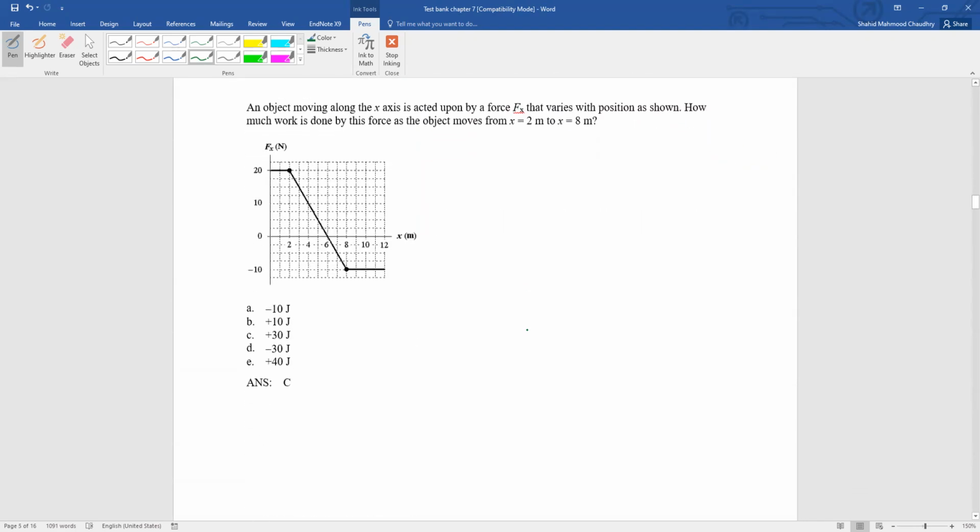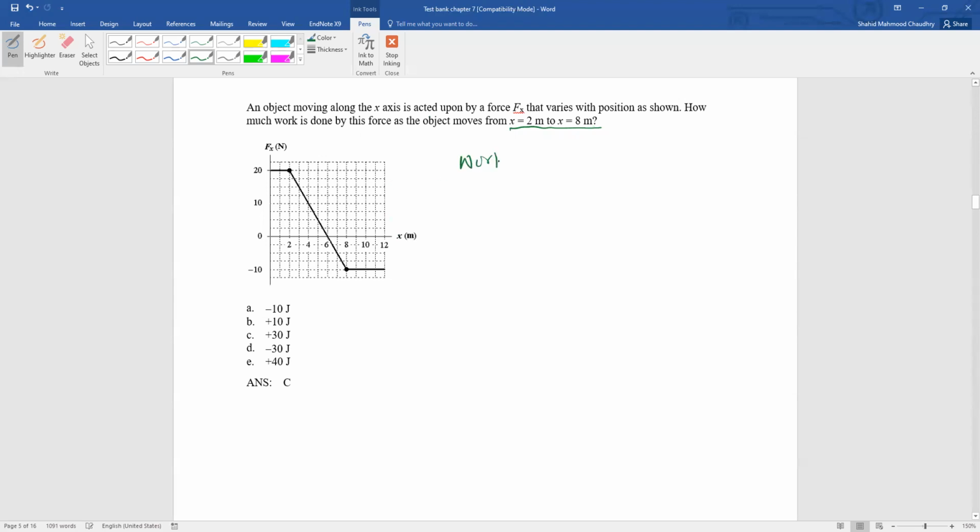Okay, in this problem, you can see this is a problem related with a graph. An object moving along the x-axis is acted upon by a force F of x that varies with position as shown. How much work is done by this force as the object moves from x is equal to 2 to x is equal to 8? So we have to find the area under the graph.